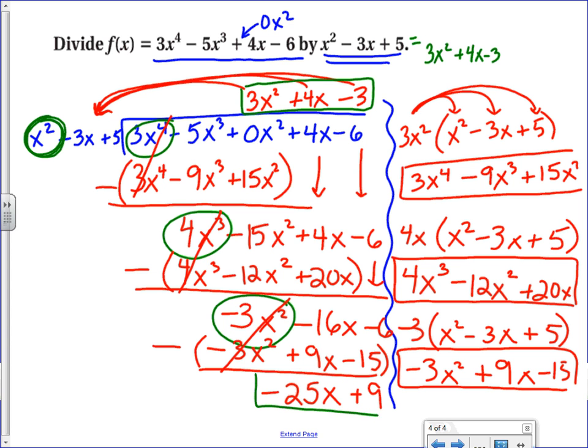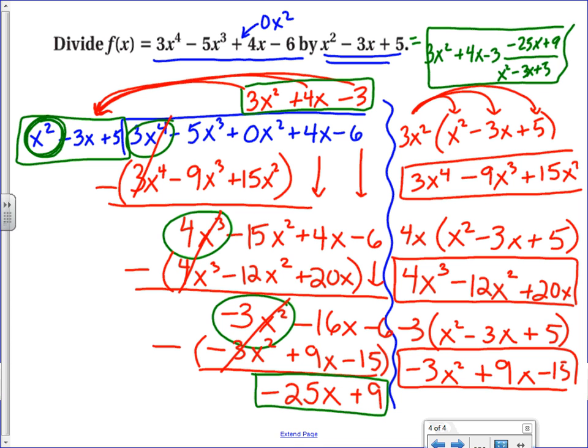The fraction is our remainder, negative 25x plus 9, so minus 25x plus 9, over the original divisor, which hasn't changed the whole problem. It's been x squared minus 3x plus 5. And this whole expression is the answer to our division problem.